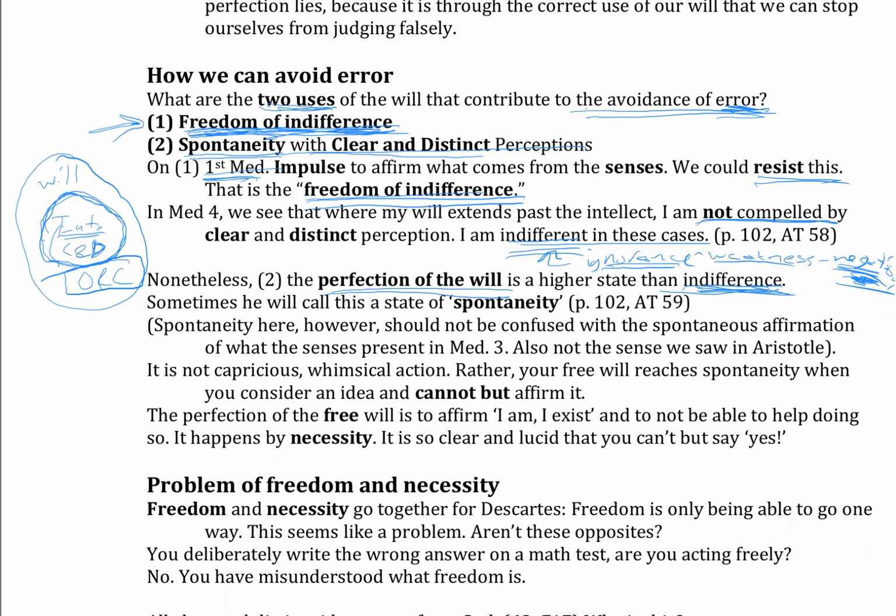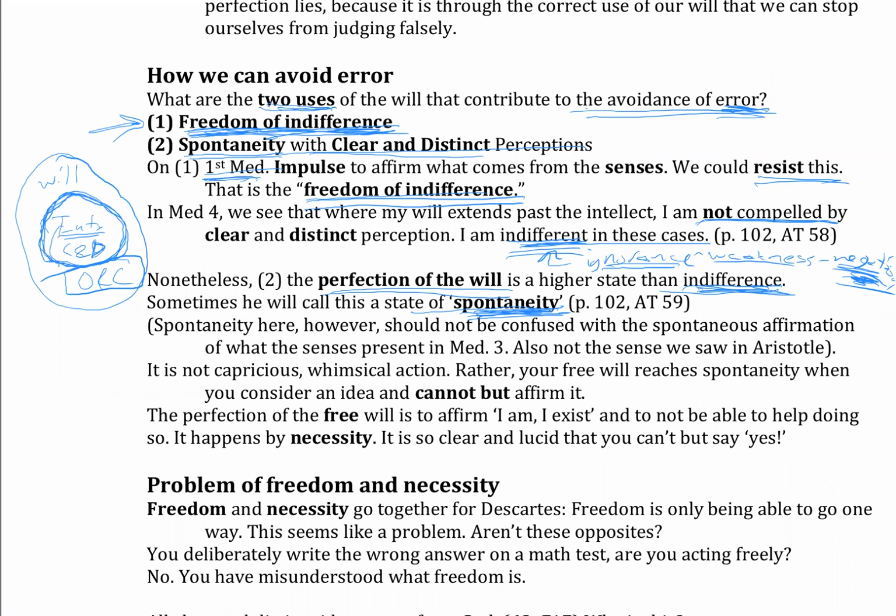I should look up the quote. In the will, right? And sometimes he'll call this a state of spontaneity. And this is a higher state than the state of indifference. This is a state where you cannot but affirm the thing that's perceived clearly and distinctly, right?